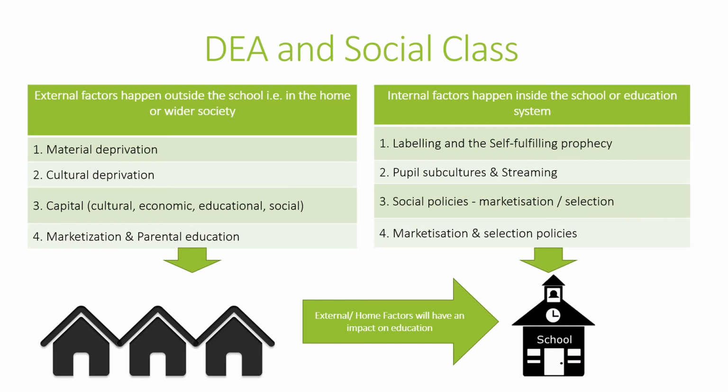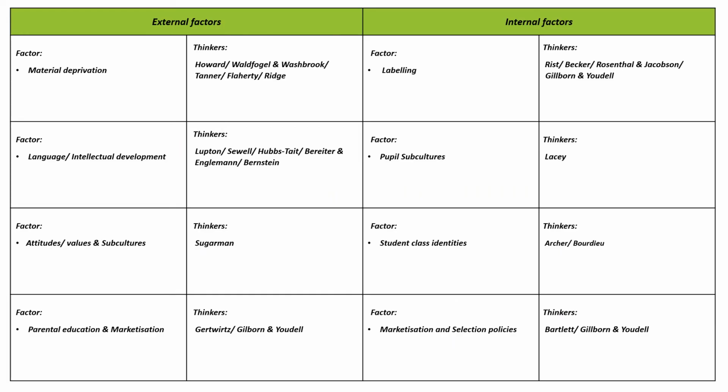And then marketisation is about parents choosing their education and being able to afford the best schools. Inside school, labelling is happening, subcultures and streaming, and marketisation policies, same point as before. But all of this is happening, and all these things combined, so outside and inside school. And then again, you can take some time to look at the screen where I've identified some of the factors and key thinkers associated with it.